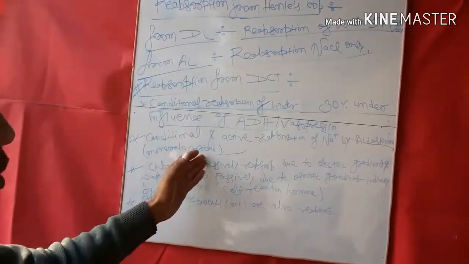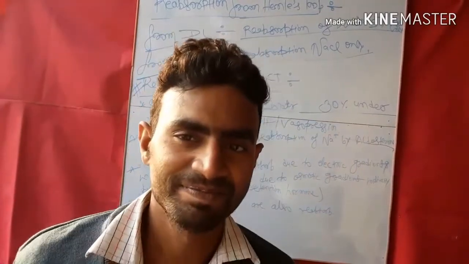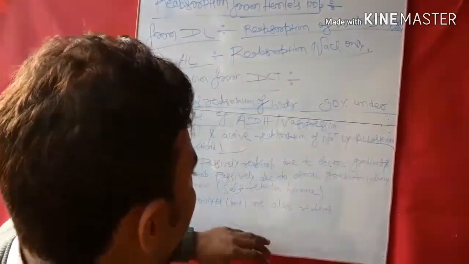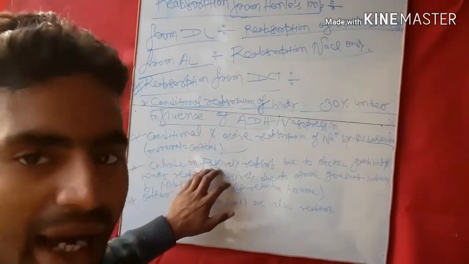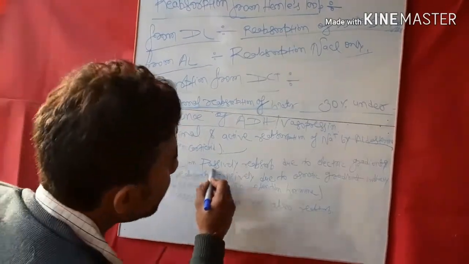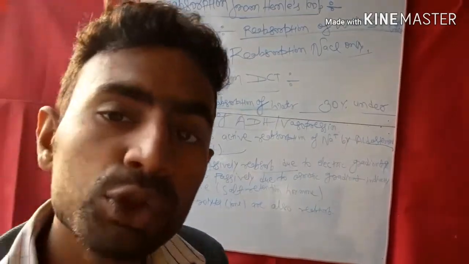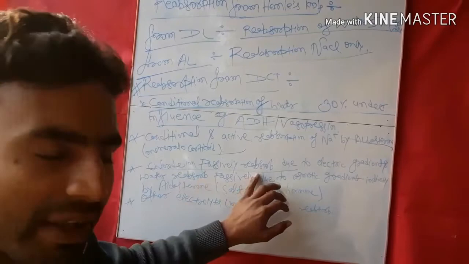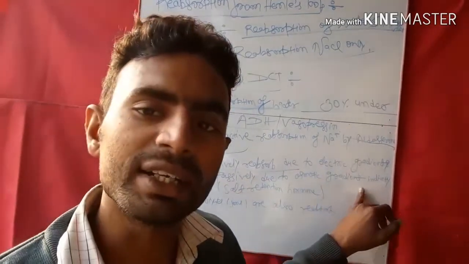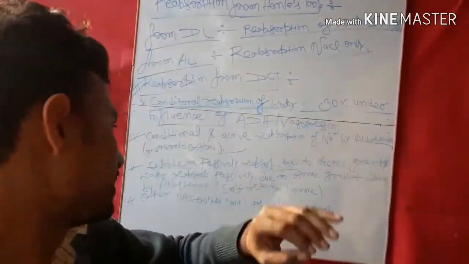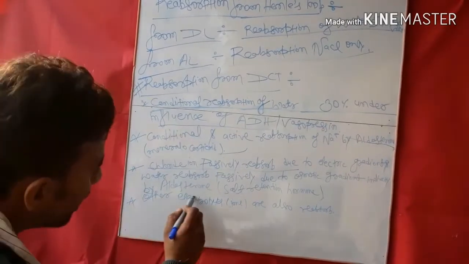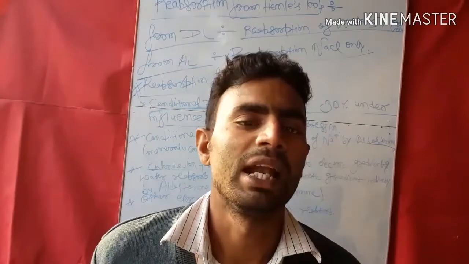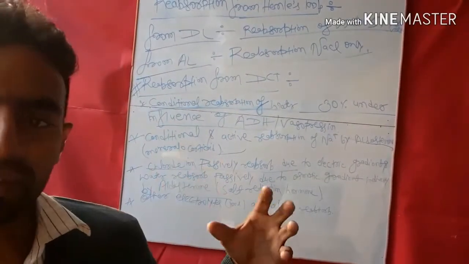That is a mineralocorticoid. Third, chloride ion is passively reabsorbed due to electric gradient, and water is reabsorbed passively due to osmotic gradient, indirectly by aldosterone, the salt retention hormone. Aldosterone is the salt retention hormone.